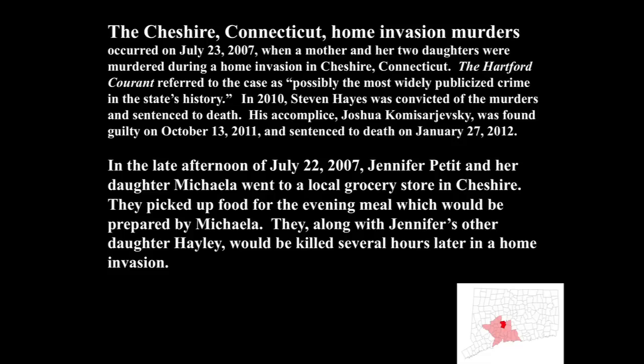This story starts with the late afternoon of July 22, 2007, when Jennifer Pettit and her daughter Michaela went to a local grocery store in Cheshire. They picked up food for an evening meal, which would be prepared by Michaela. They, along with Jennifer's other daughter, Haley, would be killed several hours later in that home invasion.